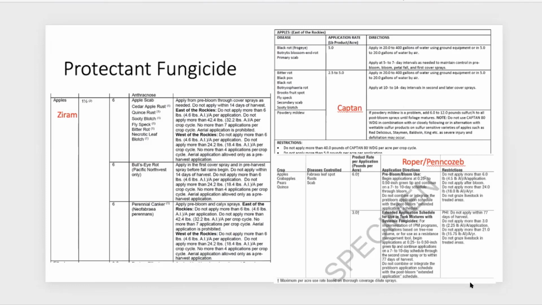One of the issues with Captan is you want to make sure that your water is slightly acidified, so that could create problems with your copper. But if you were just using them by yourself, with most of the water in Indiana having a pH above 8, that shouldn't be a problem. That's also one of the reasons you want to apply an acidifier, because you want to get that pH down a little bit.